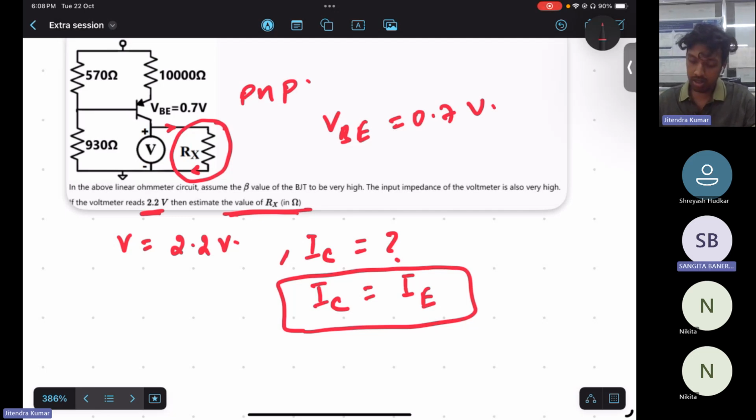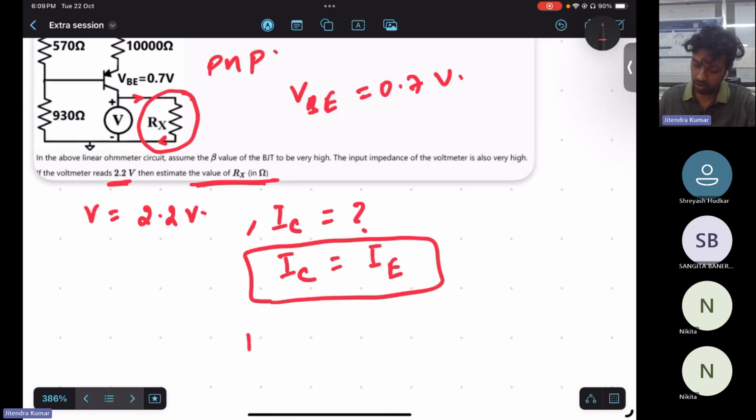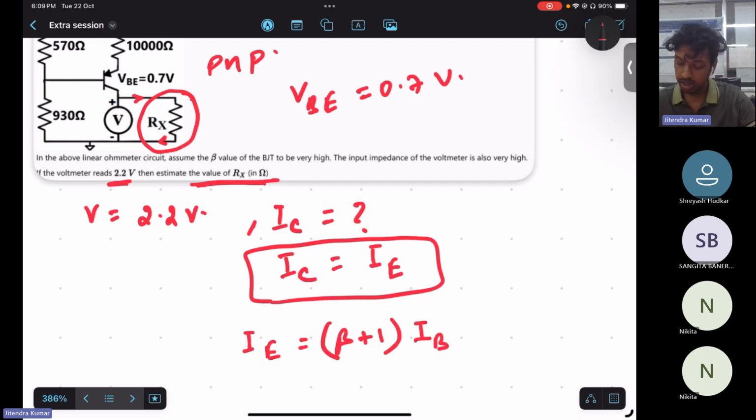Because no, sir. Beta plus 1. Yes, go ahead, please. Sir, IE is equal to beta plus 1 into IC. Exactly. So IE is equal to beta plus 1 times IB, right?